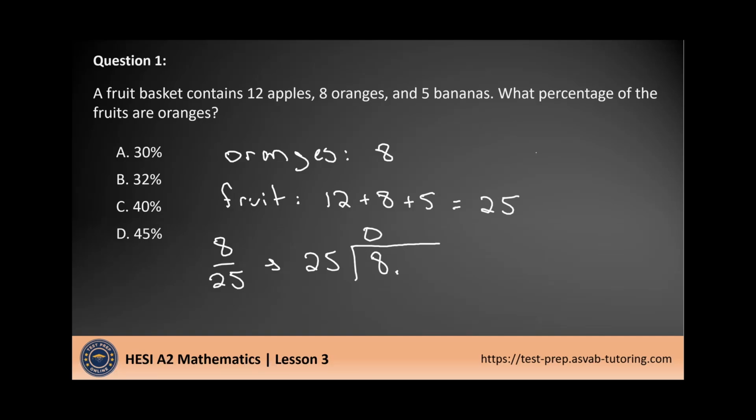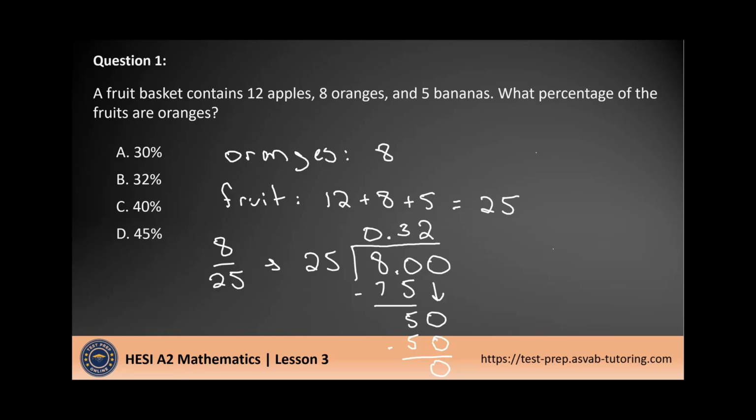We're going to add a decimal and some zeros. 25 goes into 80 3 times, which is 75. Subtract to get 5. Drop down your 0. 25 goes into 50 twice. Subtract again, we have no remainder, so we know we're done.